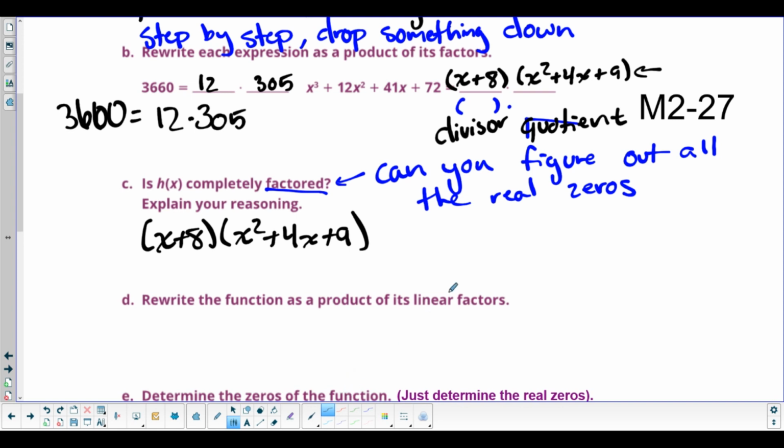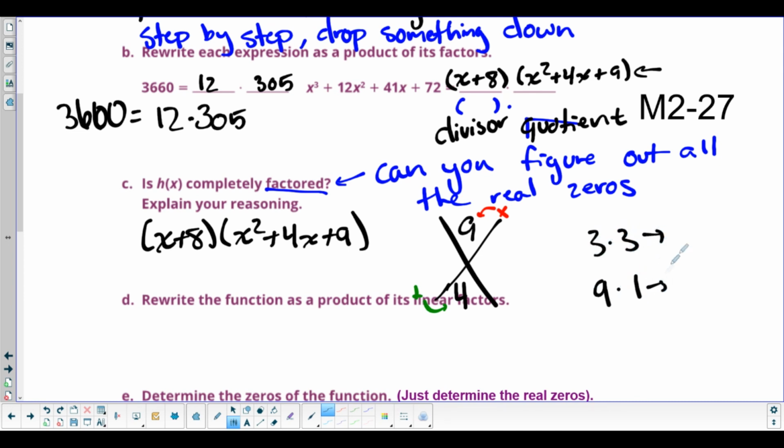However, if you try to factor this thing, you've got to realize it's a nice polynomial. There's a coefficient of 1. And so you would just figure out what two things multiply to 9 but add to 4. You realize after a little bit of thinking that the only ways to multiply to 9 are 3 times 3 or 9 times 1.